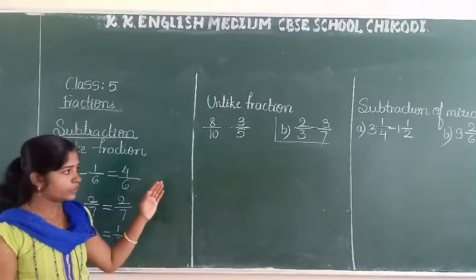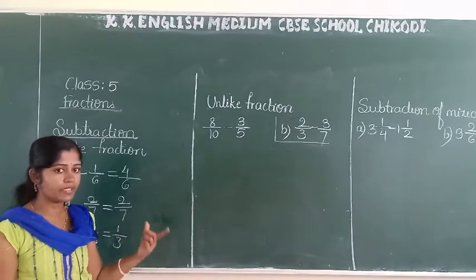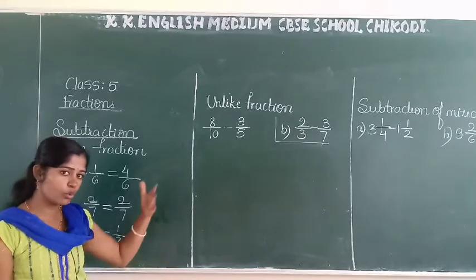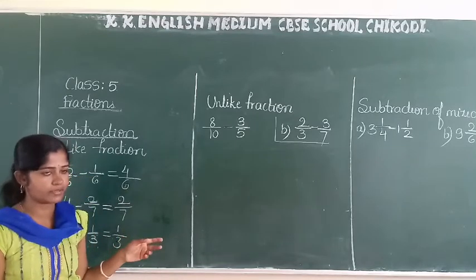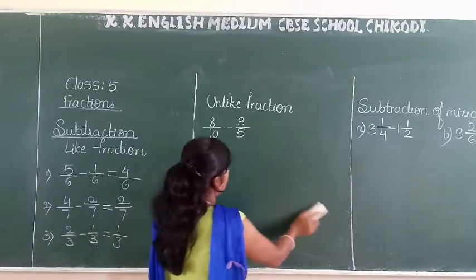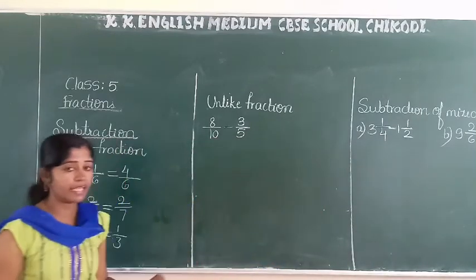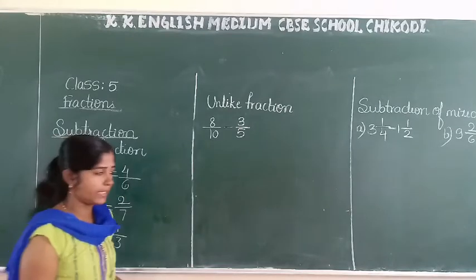Then try to solve each example 2 to 3 times, then go to the next example. Then only you are going to understand this. When you are solving, interest is very, very important. Time is very precious, so don't waste your time.